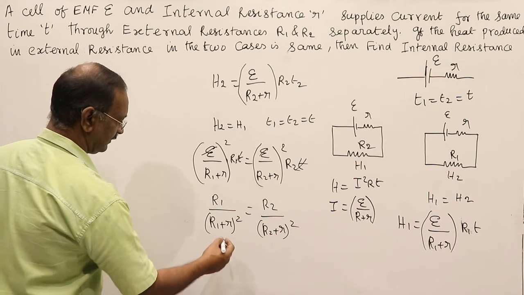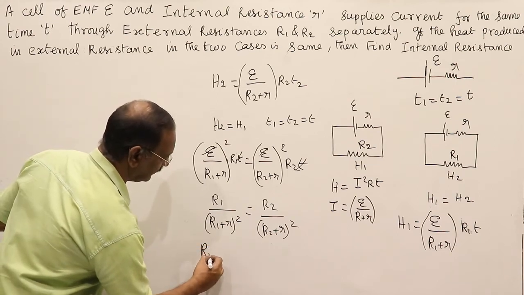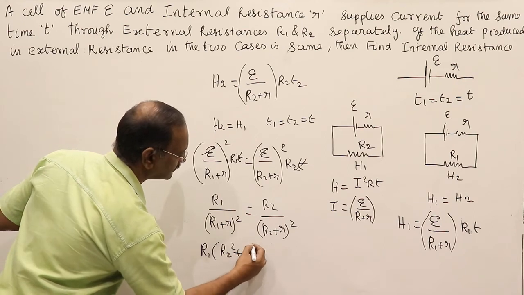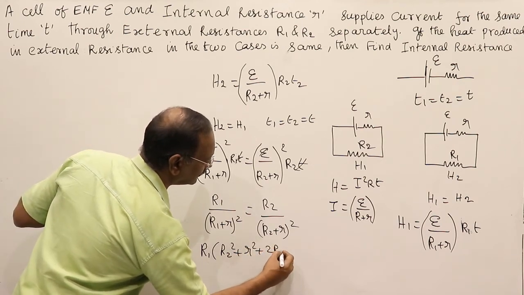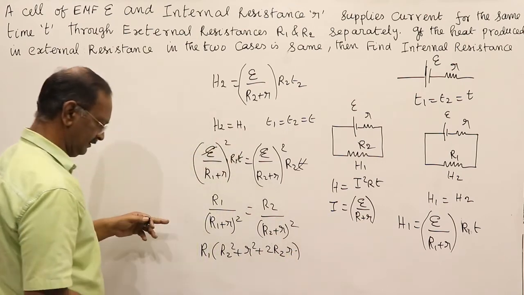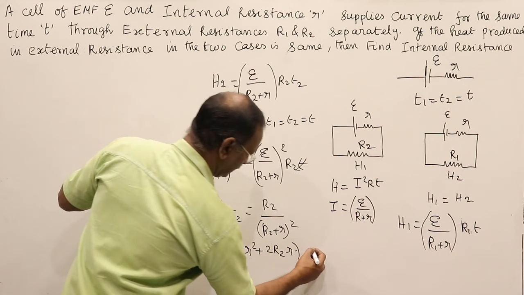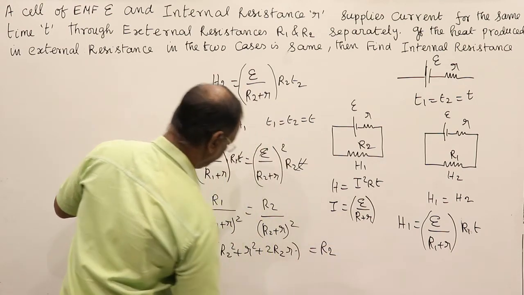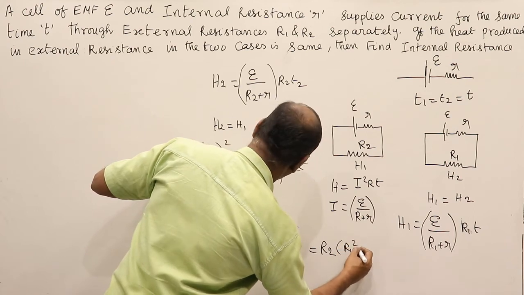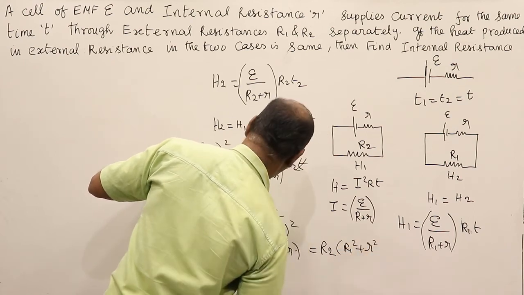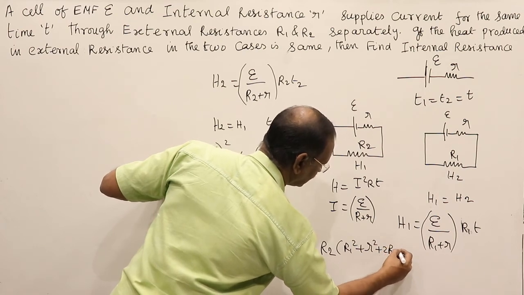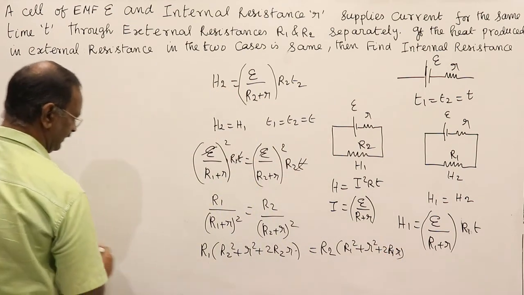Expanding this, R1 into R2 square plus R square plus 2 R2 R is equal to R2 into R1 square plus R square plus 2 R1 R.